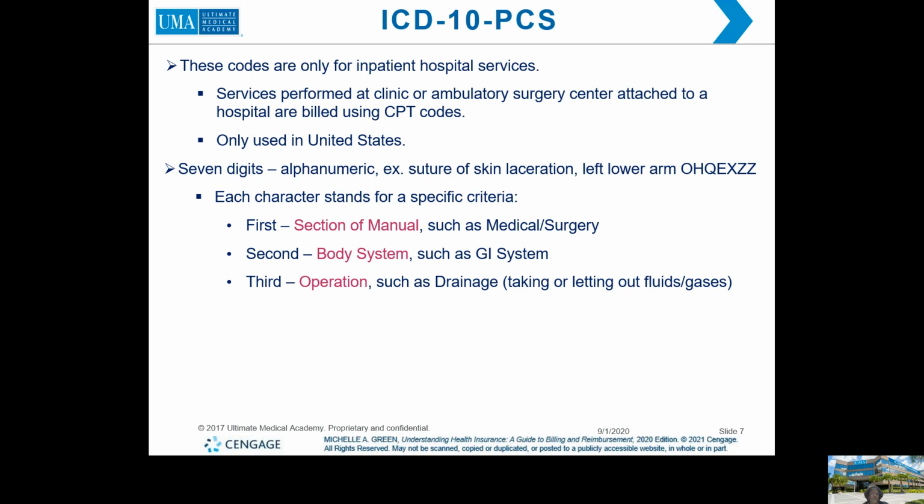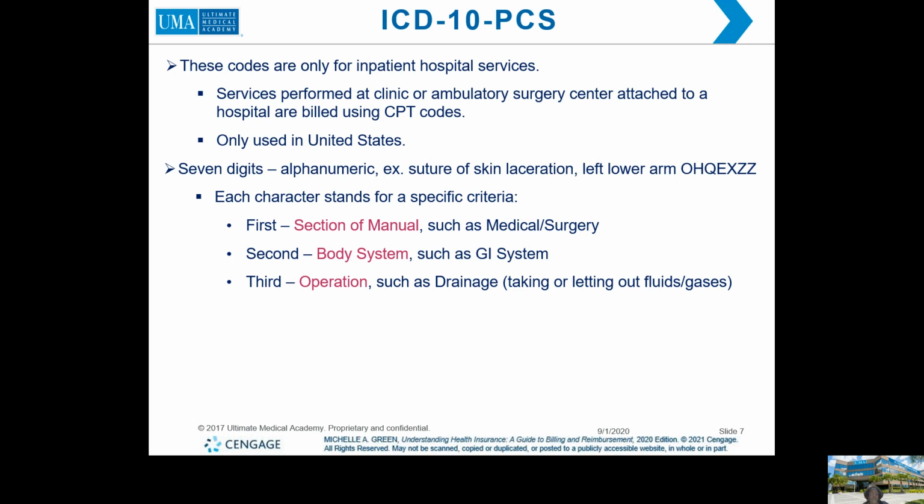But I wanted to show you what each particular criteria for each character meant. And once you change a letter, you will change what the position means. So I'm going to go over that one more time. 7 alphanumeric characters. Each position has a very specific meaning and criteria.